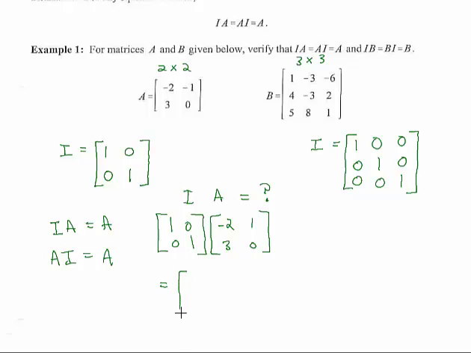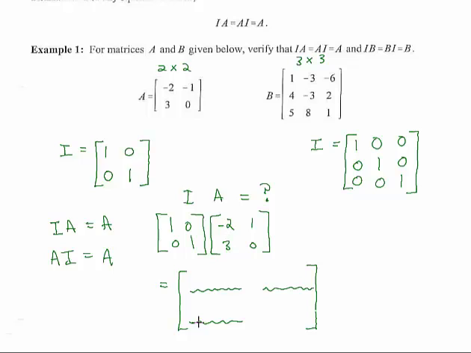Now what we do is multiply the rows by the columns of A, the rows of I times the columns of A. The first row and the first column will give us this first element in the product. The first row times the second column will give us this entry in the product, and so on and so forth.